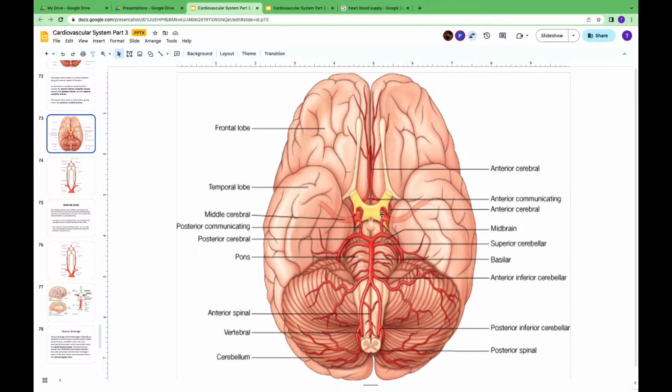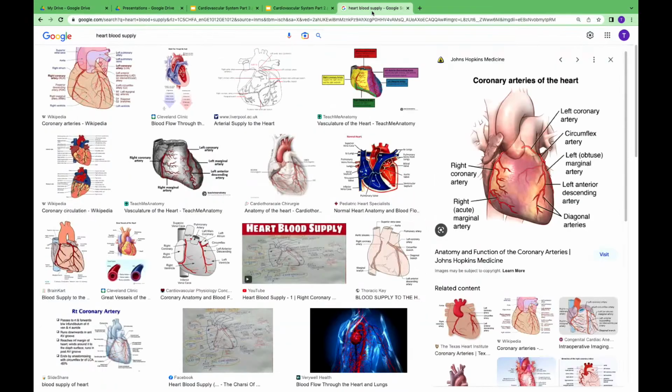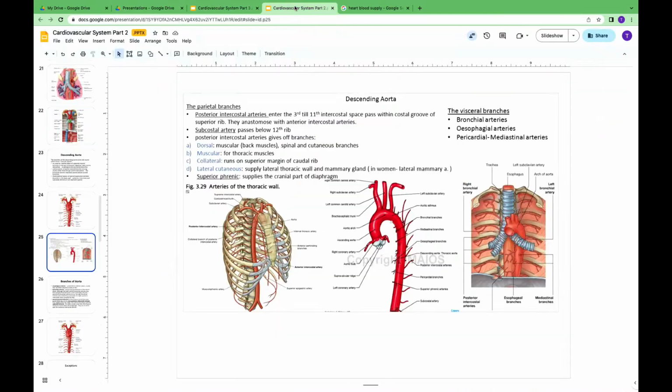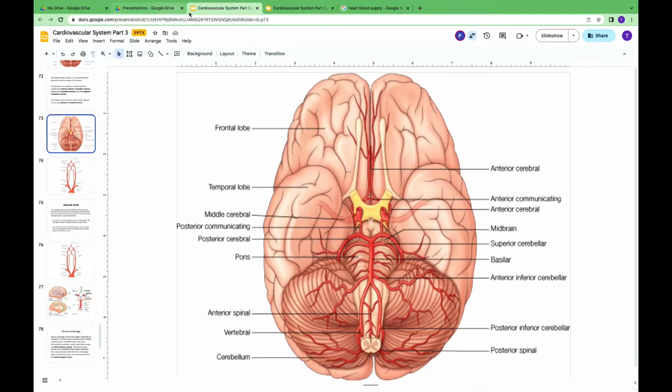They are supplied by the circle of Willis. Okay? What answers are left here? Nose and the pharynx. Pharynx or nose? Yes, that's the correct answer. It is not supplied by the circle of Willis.